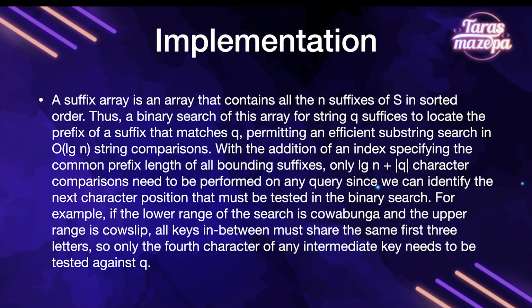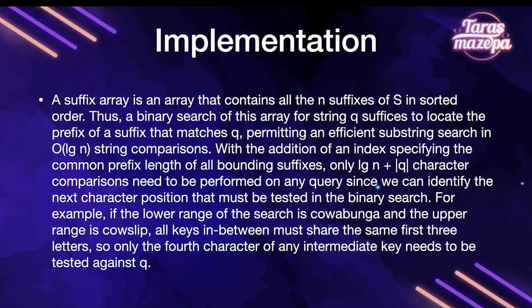A suffix array is an array that contains all the n suffixes of S in sorted order. Thus, a binary search of this array for string Q suffices to locate the prefix of a suffix that matches Q, permitting an efficient substring search in O(log n) string comparisons.